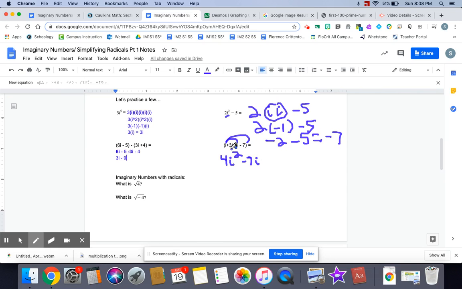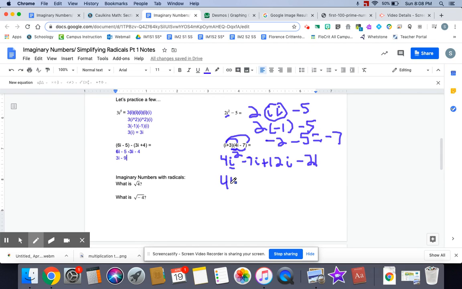Then I have to do the 3 times the 4i, which is +12i. Then I have to do the 3 times the negative 7, which is negative 21. Now, remember i squared is negative 1, so that becomes 4.